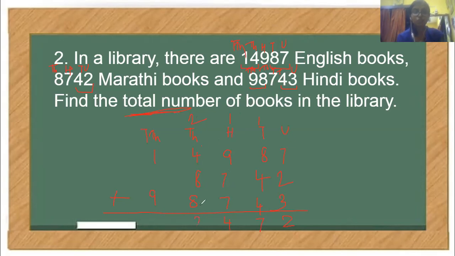So 22, which means 2 thousands and 2 10,000s. For this, let's see. 1 plus 9 is very simple, 10, and 2 carryover is 12. So that's how many books the library has. That's the total number of the books the library has. Simple. Quickly do this in your notebook.